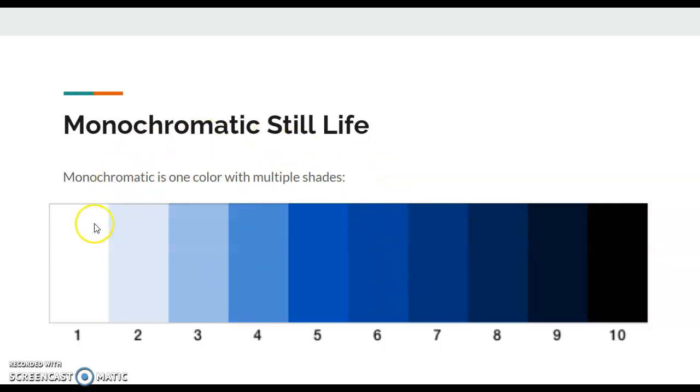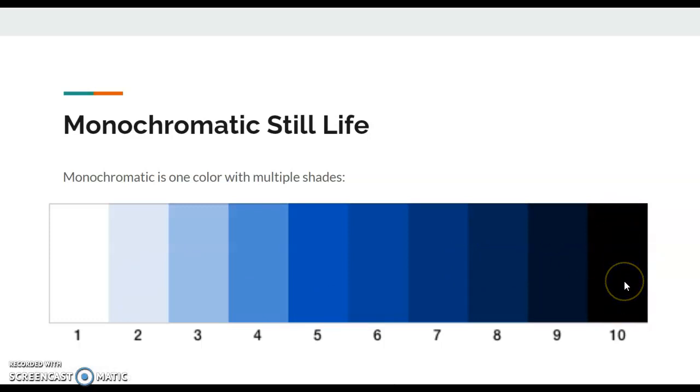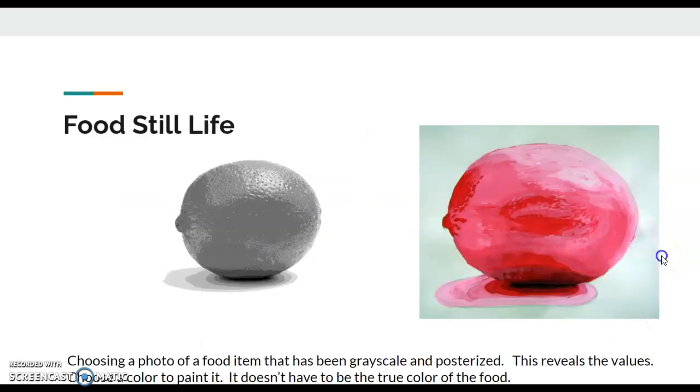So I recommend you starting with white and adding just a tiny bit of blue to get some of these lighter shades. It's the opposite with black. It's really hard to get this black to become more of a blue color. Start with your blue and add a little bit of black to get some variations of shades of that color. You don't necessarily have to use blue, but that's our example.